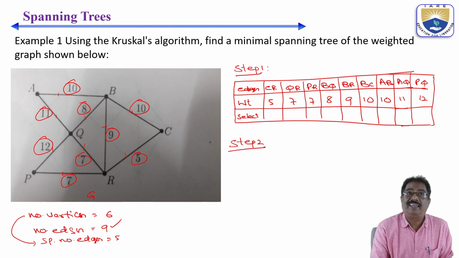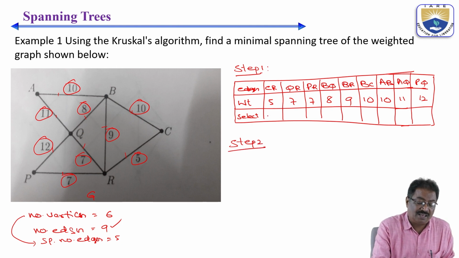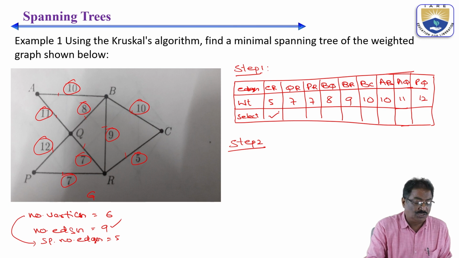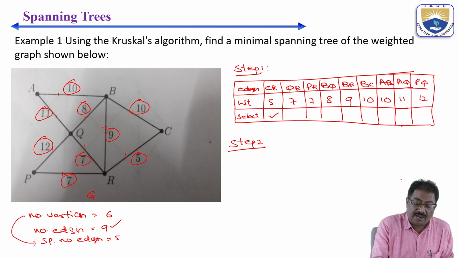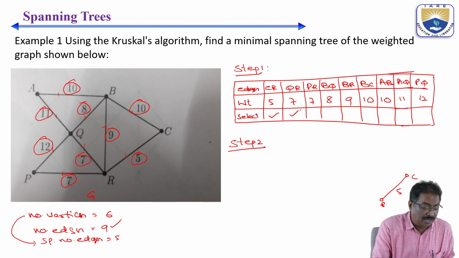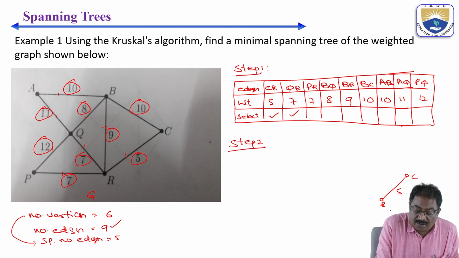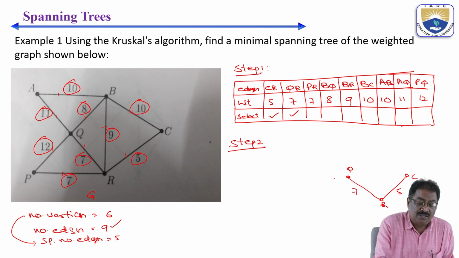to select the edges. First CR is the minimal, so you select that. So CR is 5. Next we have to consider QR, 7, also considered.